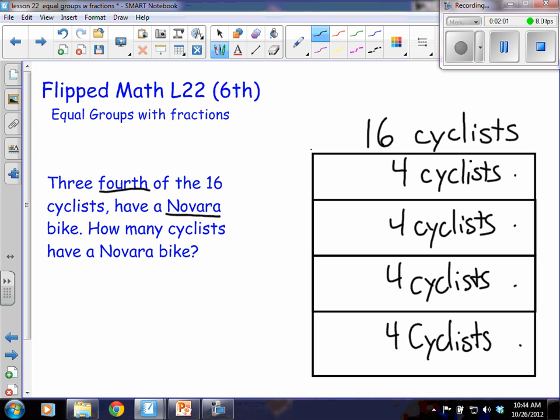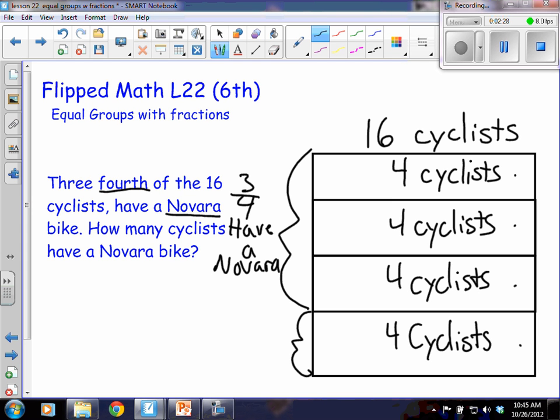Now it says that 3 out of the 4, or 3/4, have a Novara bike, which would mean that our last little chunk is going to be the rest of the fraction, which would be 1/4 do not have a Novara.